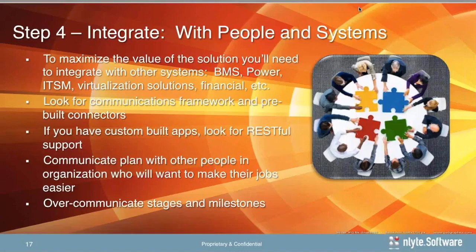You want to communicate the stages and the milestones, and that ultimately you're going to make their jobs easier because they're going to always have the most current information in an automated way. So again, sort of holistically, you're integrating and communicating with systems, you're communicating with people, because DCSM is not an island unto itself. You're going to want it to tie into other types of systems.